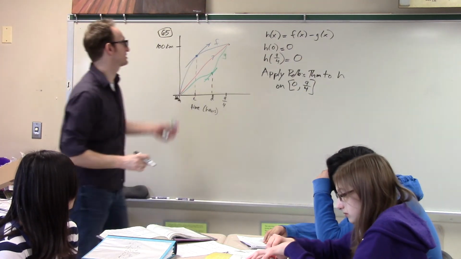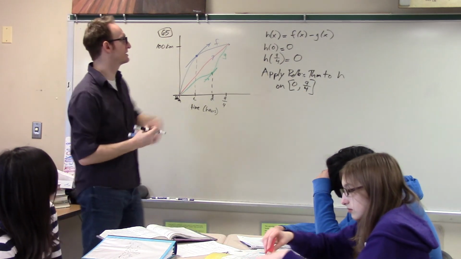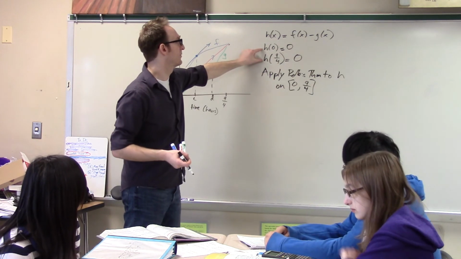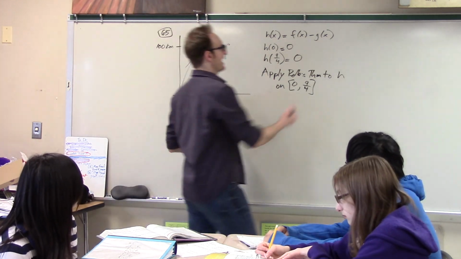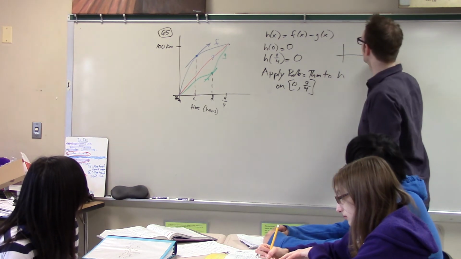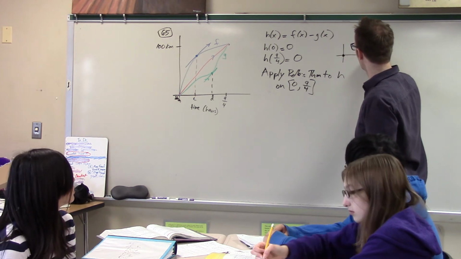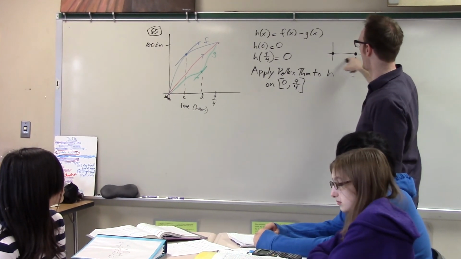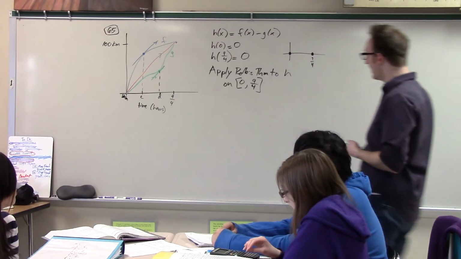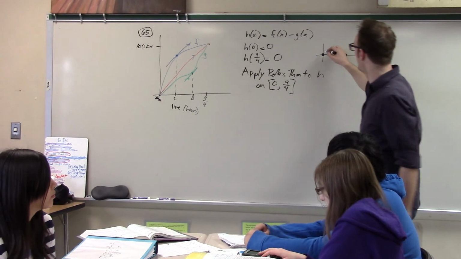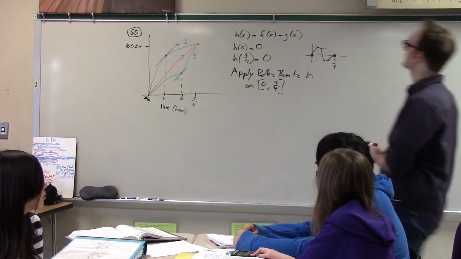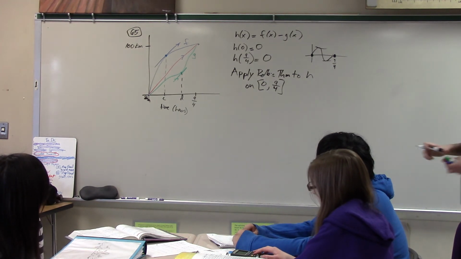Assuming that their positions are continuous and differentiable, then the difference of those two functions is also continuous and differentiable, and we have some function h such that the y value is the same at the left and right endpoints. And you know what goes up must come down. So there must exist a place, says Rolle's theorem, on that interval where the derivative is 0.